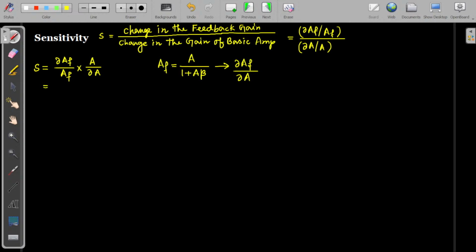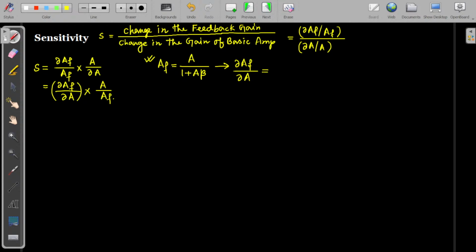Because in this equation we have del AF divided by del A into A divided by AF. So we want to find this ratio, and this ratio can be found from this equation by differentiating both sides with respect to A.